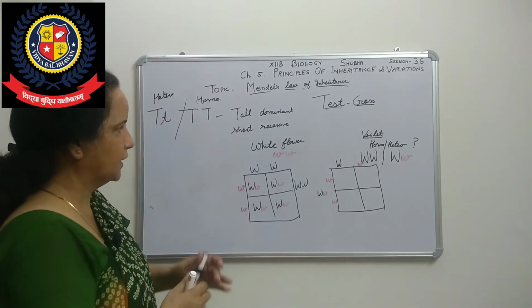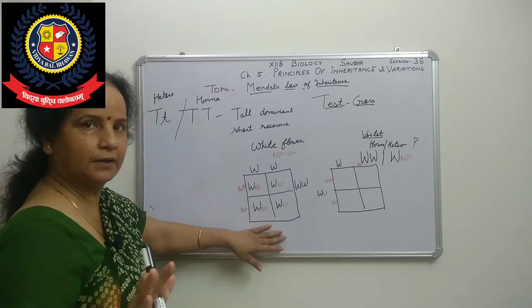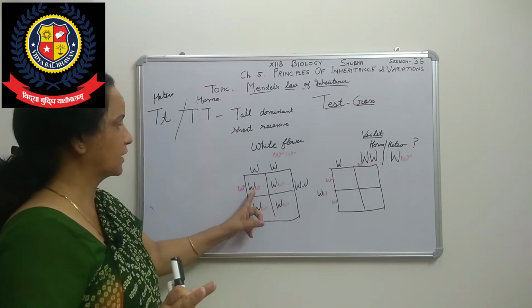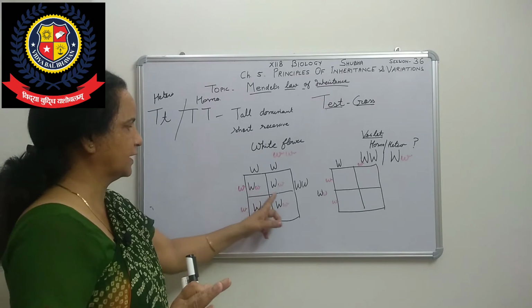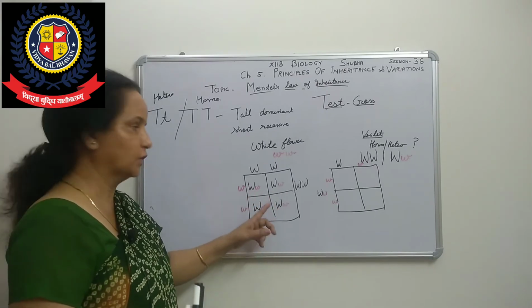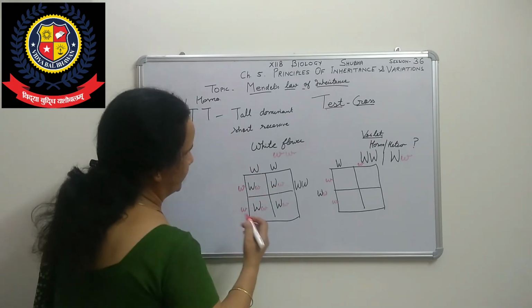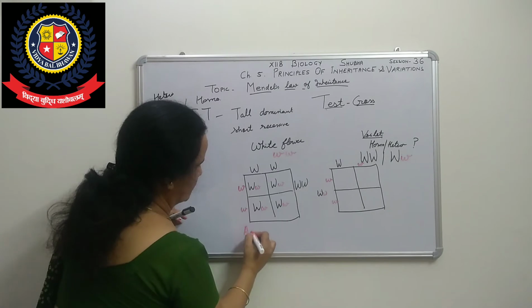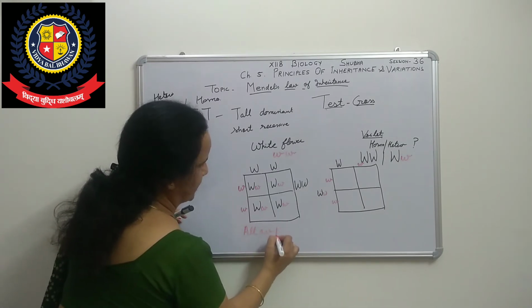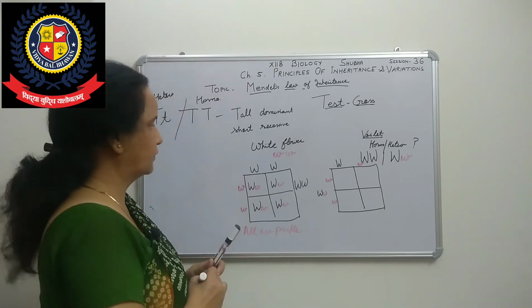That means in that generation we are all getting purple or violet, because capital W is everywhere. When we see a capital letter, it means the dominant trait is there. So all flowers are purple.